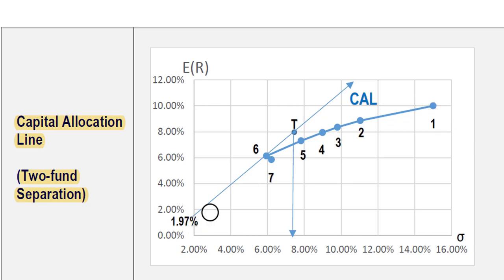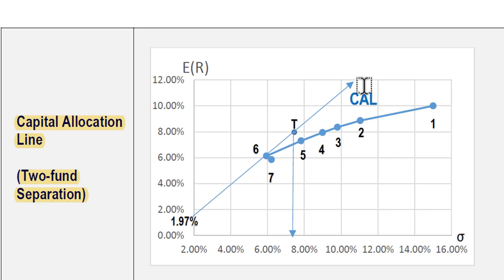So this is line 1, and this one had a low Sharpe ratio. But if you look at the points, the higher the point, the higher the slope and the higher the Sharpe ratio. The best is number 6, because it has the highest Sharpe ratio, the highest slope of the line.